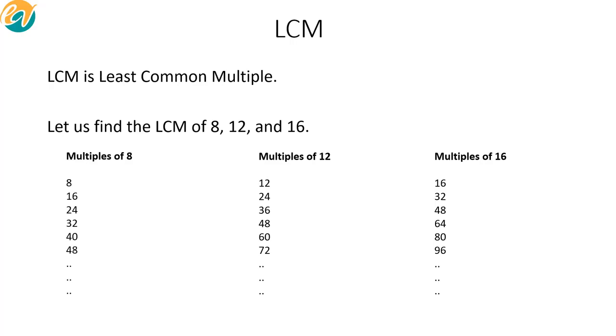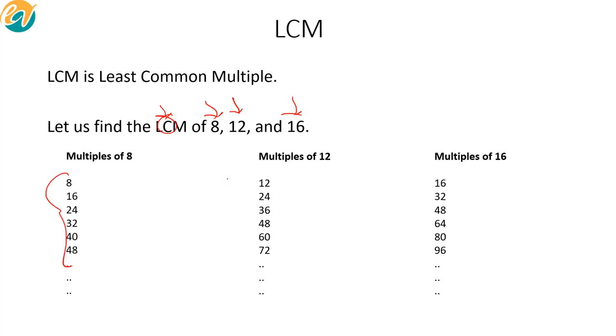The question, however, is asking us, what is the least common multiple? What does it mean, common multiple of 8, 12, and 16? A number that is a multiple of 8 and is also a multiple of 12 and is also a multiple of 16.